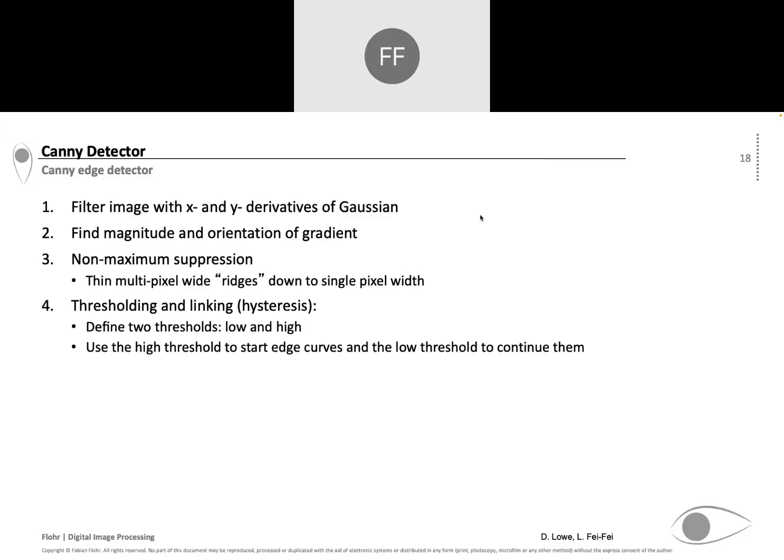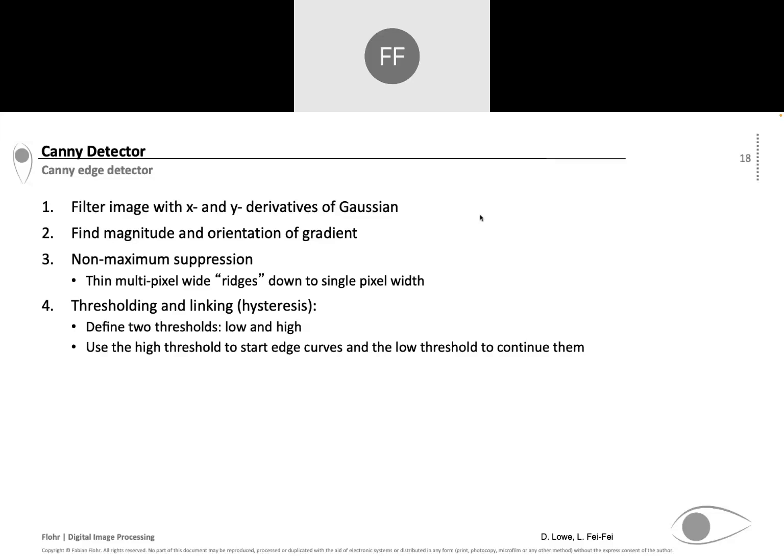And then at the end, we connect the single parts of the edges with each other. This is called thresholding and linking. There we use hysteresis. You might know hysteresis from other applications; it always uses two thresholds, a low and a high threshold.